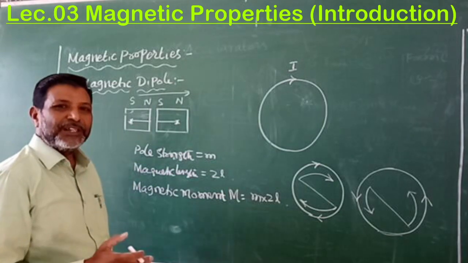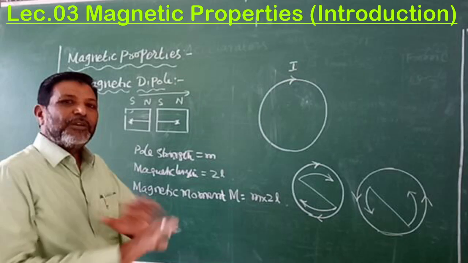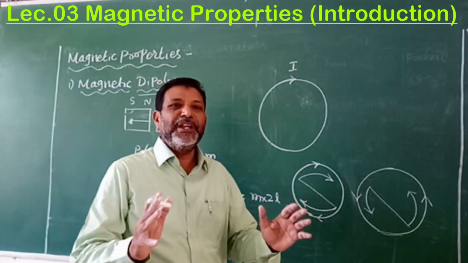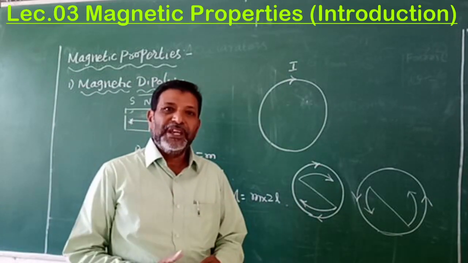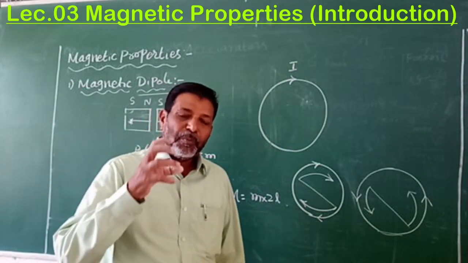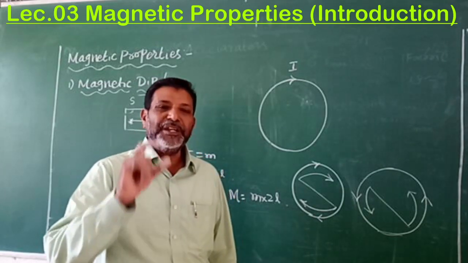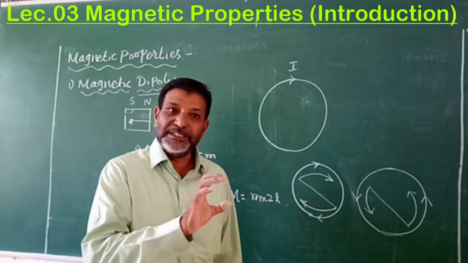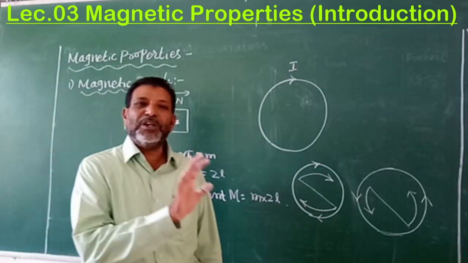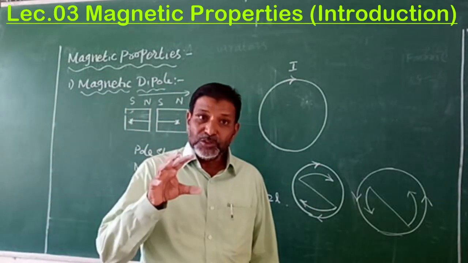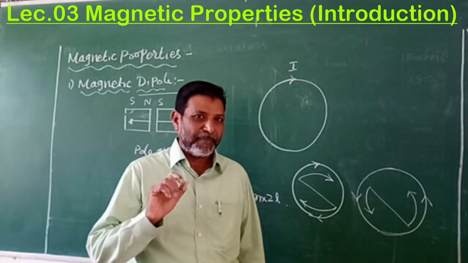If you go on breaking into smaller and smaller pieces, you never get an independent magnetic pole. So we say the monopole does not exist in nature. That means an independent magnetic pole does not exist in nature. But an independent electric charge does exist, and that does not happen in magnetism. This is the only difference between electricity and magnetism.